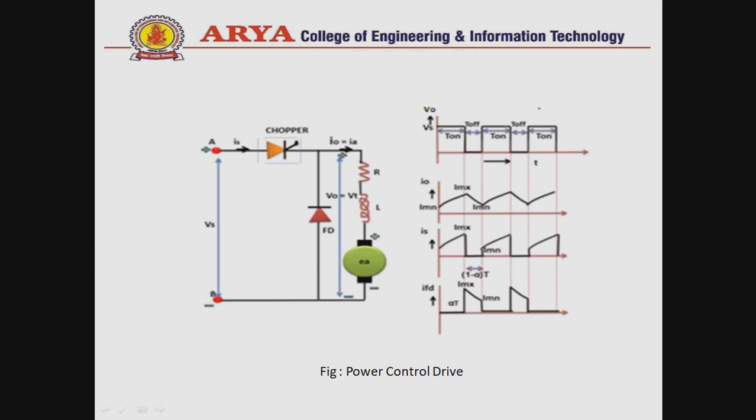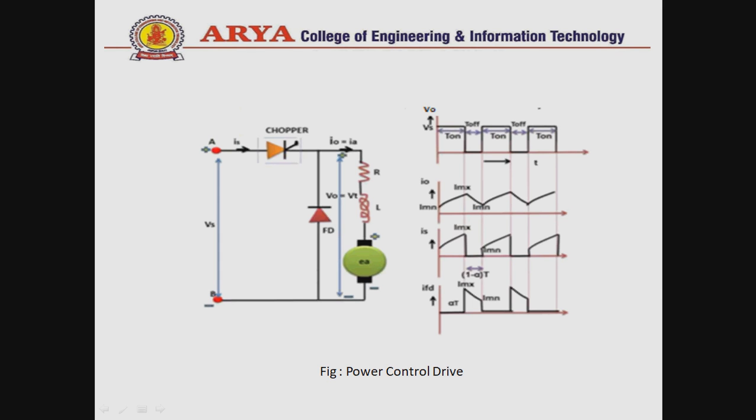In the output current waveform, when the chopper is on, the inductor stores energy, so the current rises from I min to I max, and when the chopper is off, the inductor releases its energy. Due to this, the freewheeling diode conducts, so the current decreases from I max to I min.